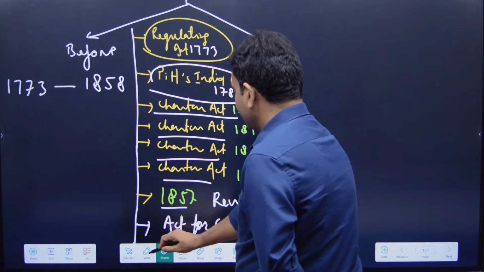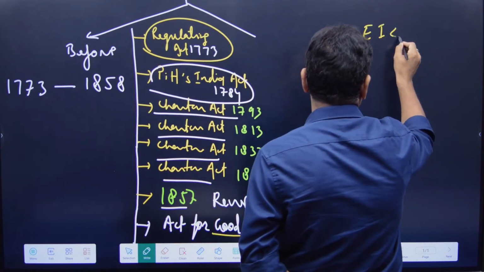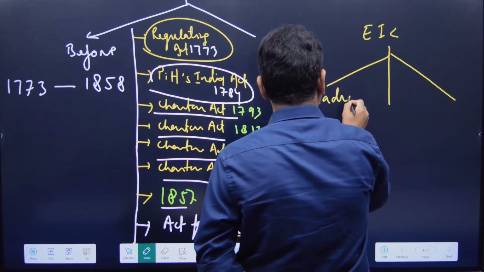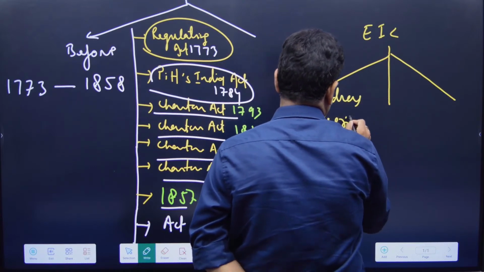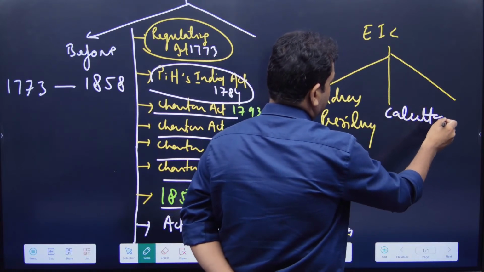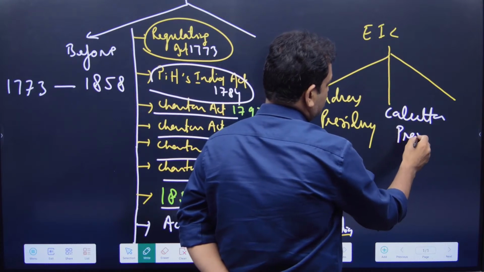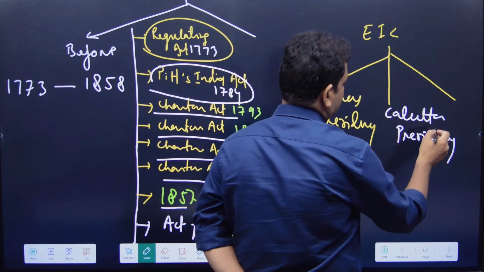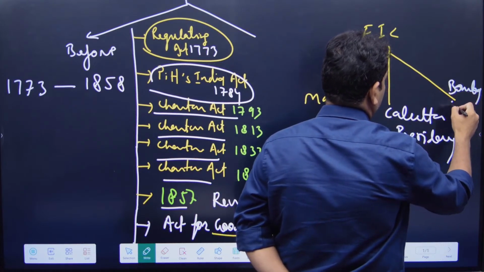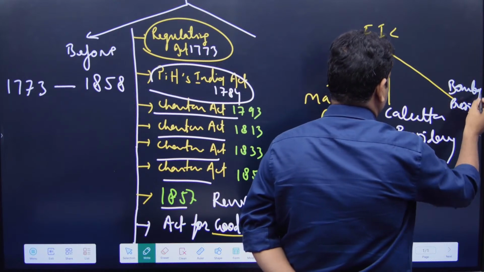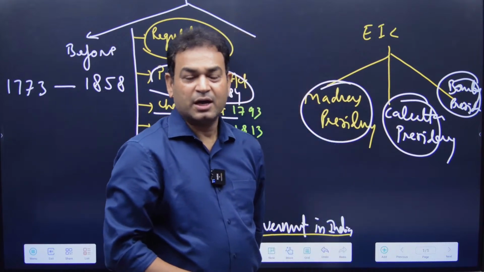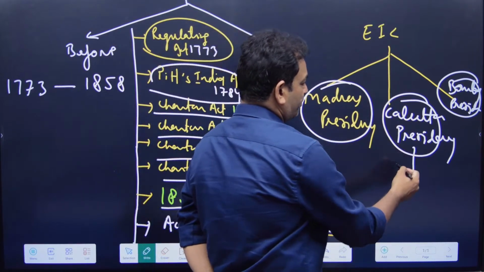In India, the East India Company was having three presidencies: Madras Presidency, Calcutta Presidency, and Bombay Presidency. Bombay, Calcutta and Madras. And now the biggest was Calcutta.